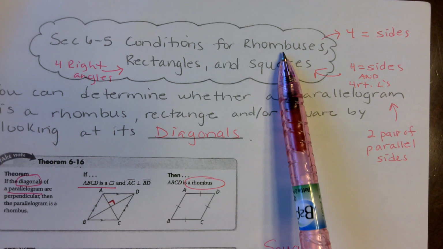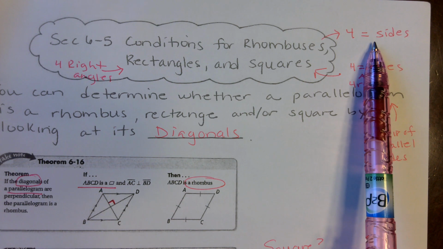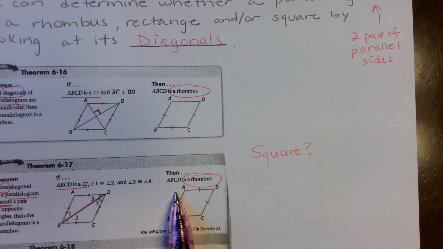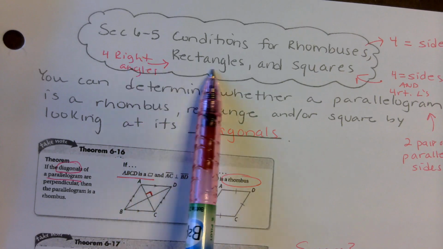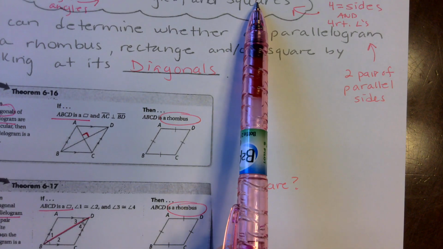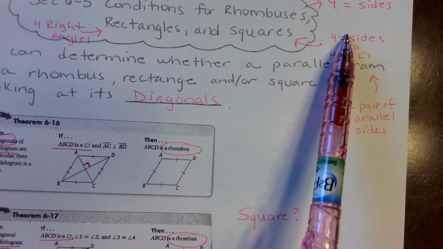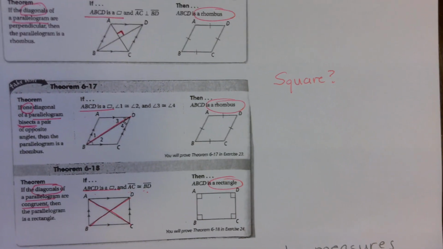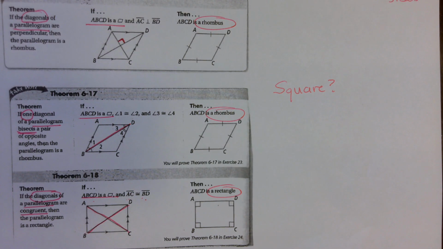Well, we've done rhombuses, the first 2, and we've done rectangles, the one down here. So squares means both. How would you put these theorems together? It means you'd have to have the what?